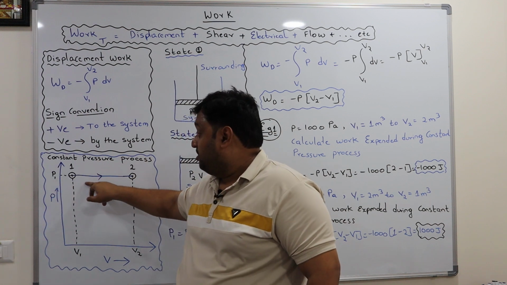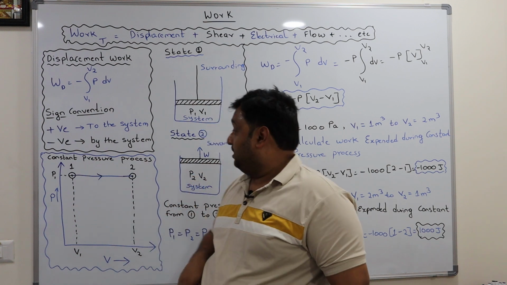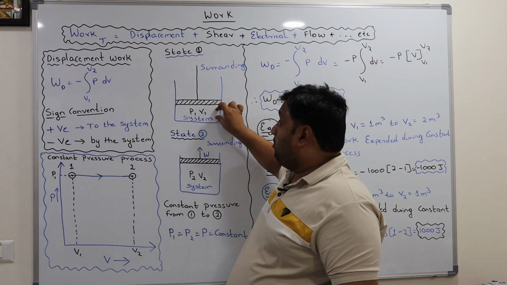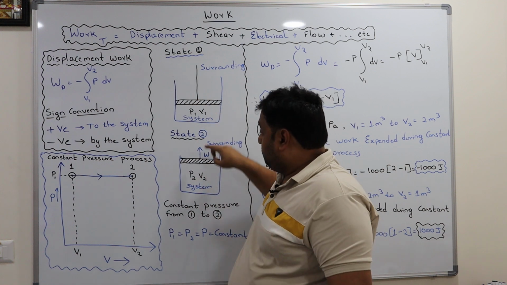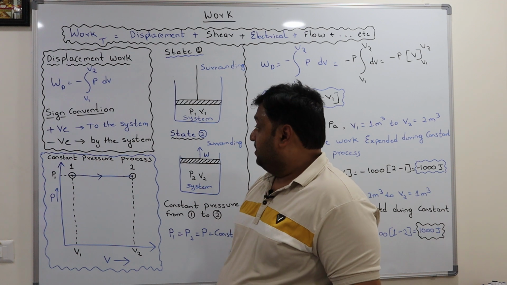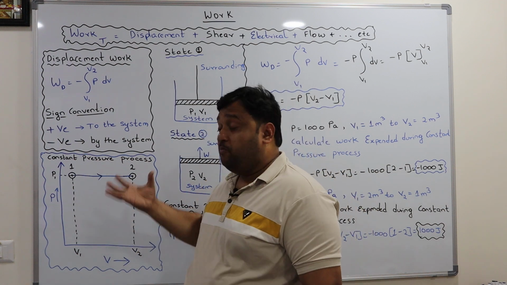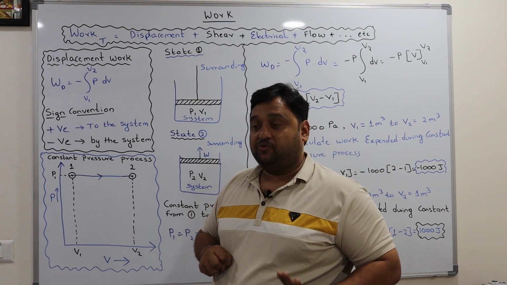That means pressure is not changing, only volume is changing from V1 to V2. Because of this expansion, the pressure inside remains constant between state 1 and state 2. That is called the constant pressure process. If such is the case, how much work is involved, and is that work positive or negative?